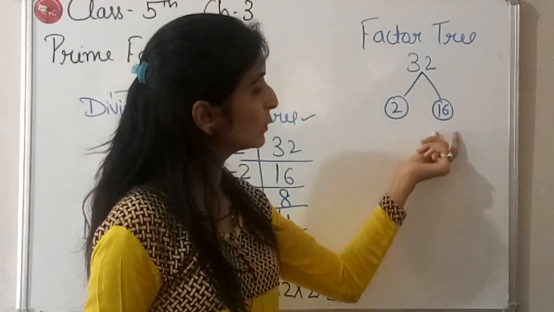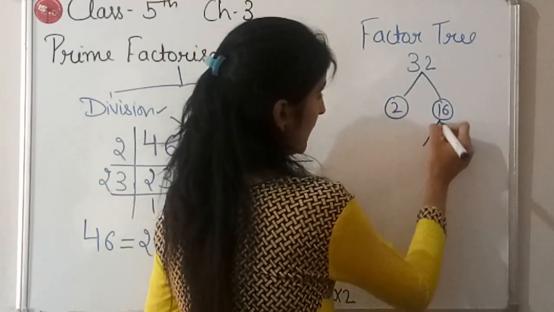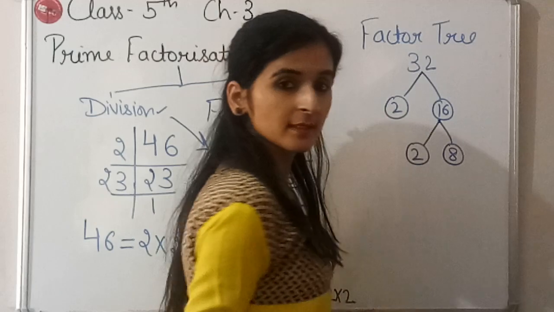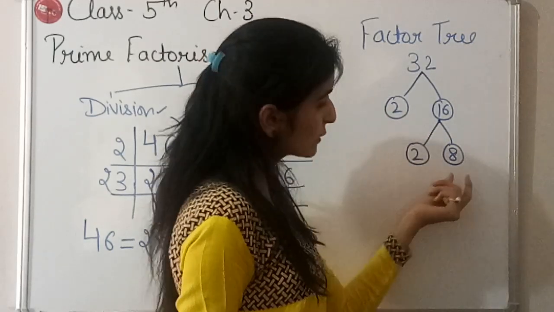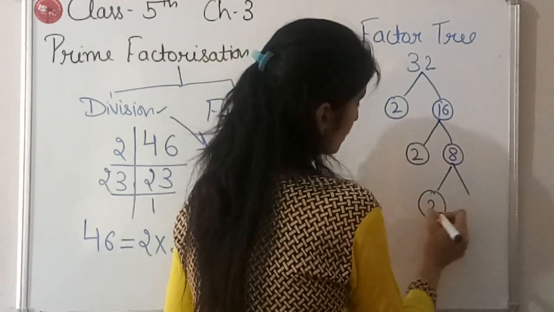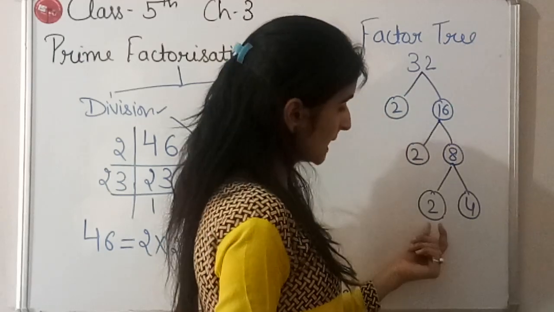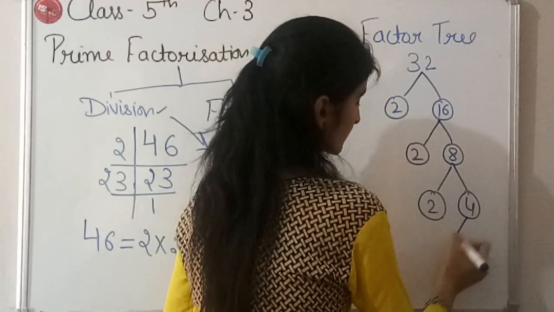Now I have to factorize this 16. So I can write it as 2 8s are 16. Again this 2 is a prime number, so we move to this 8. So 2 4s are 8. Clear?